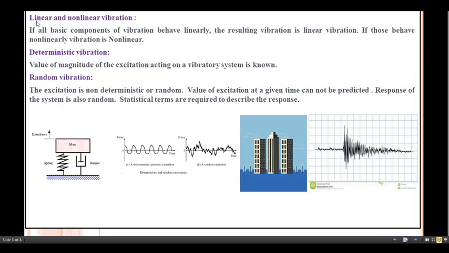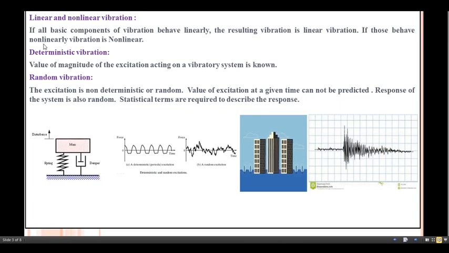The next one is the linear and non-linear vibration. Now if you look at this picture, it shows the basic parameters involved in a vibration system. What are those basic parameters? Spring, mass and damper. If all basic components of the vibration system behave linearly, the resulting vibration is linear vibration.